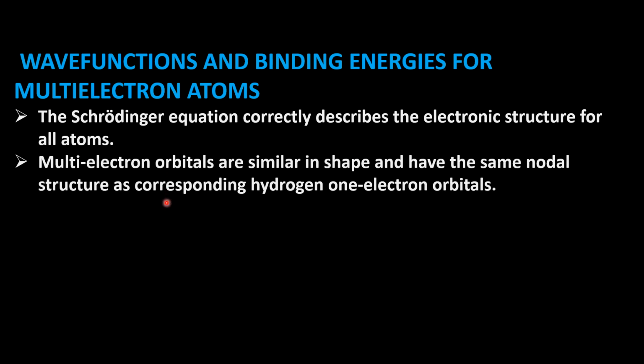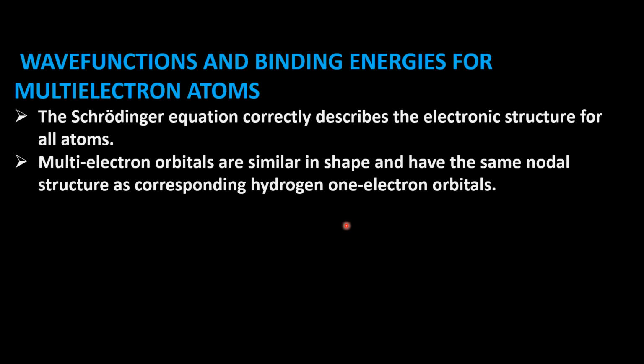And secondly, the multi-electron orbitals are similar in shape and have the same nodal structures as the corresponding one-electron orbitals of the hydrogen atom. This means that whether we are talking about one-electron systems or multi-electron systems, we have the same orbitals and the same shapes of orbitals.